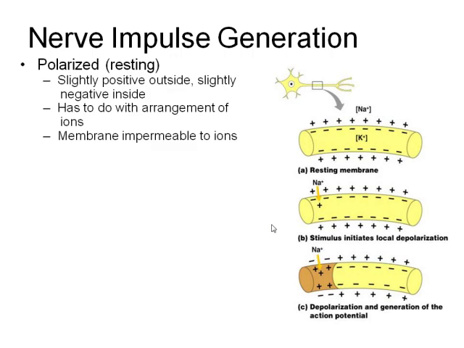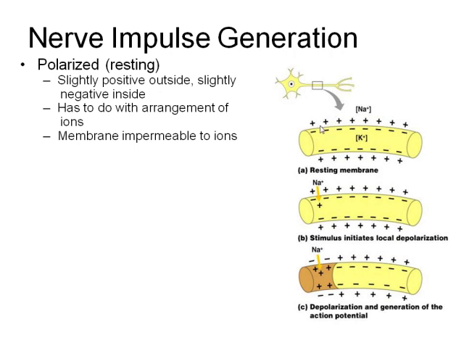So if we're going to generate a nerve impulse, this is a little piece of axon right here with its resting membrane potential going on, its polarized state. Slightly positive on the outside, slightly negative on the inside. Remember, this is based on an arrangement of ions, not on a number. You'll also remember that the membrane is impermeable to ions, which means the only way ions can get across is if there's some sort of protein channel for them.